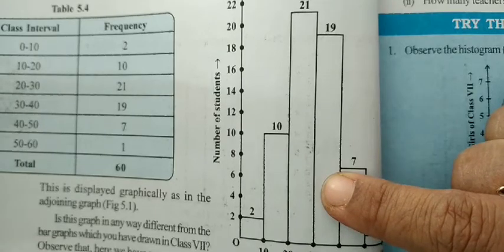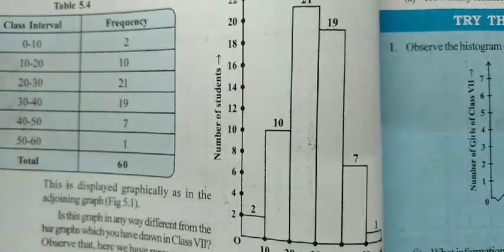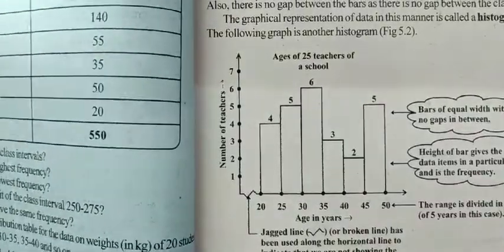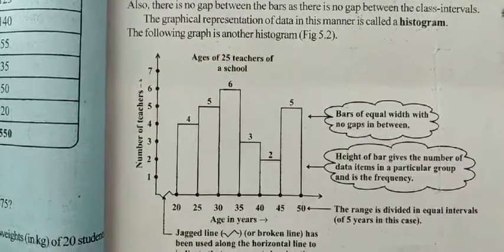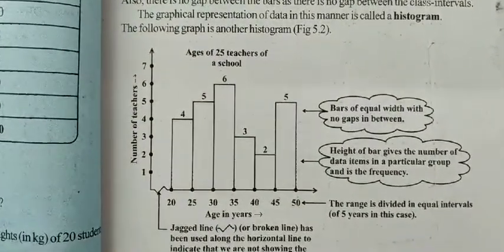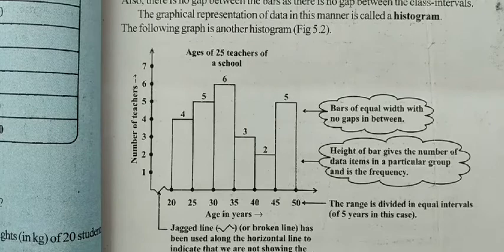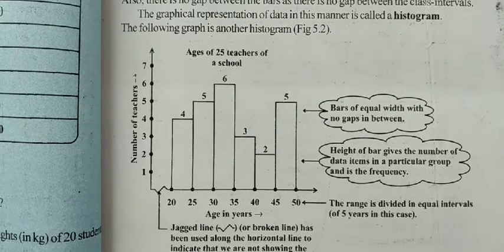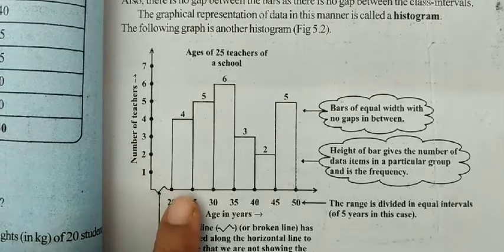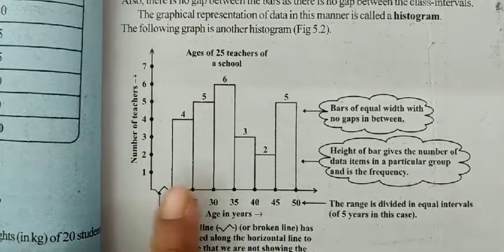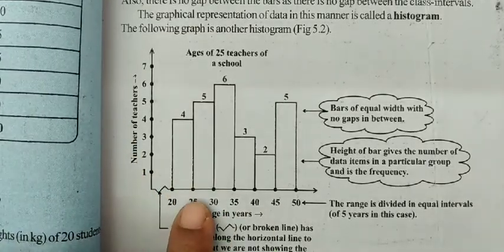It's called a histogram. One more example of a histogram I can show you, and it's on page number 75 of your textbook. You can see here this histogram represents ages of teachers of a school, right? And look here, these are ages given to you, and 20 to 25.